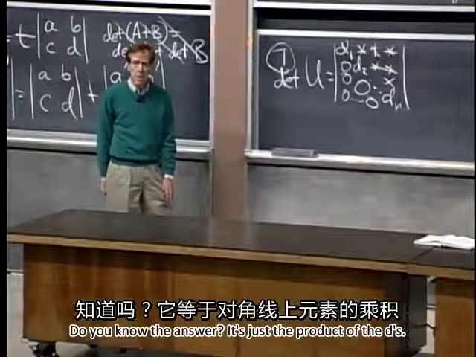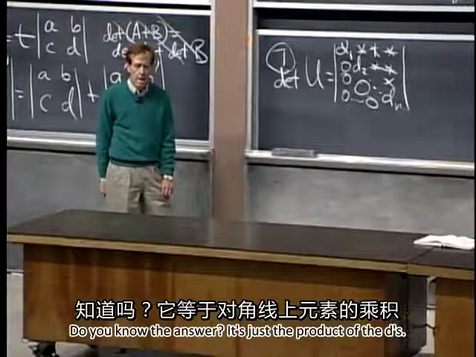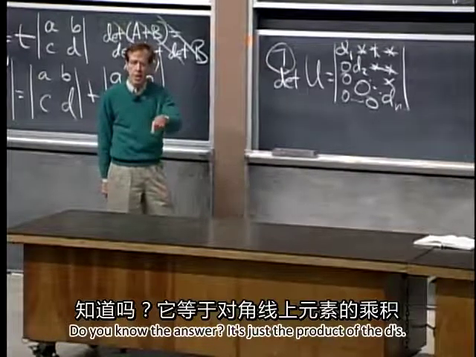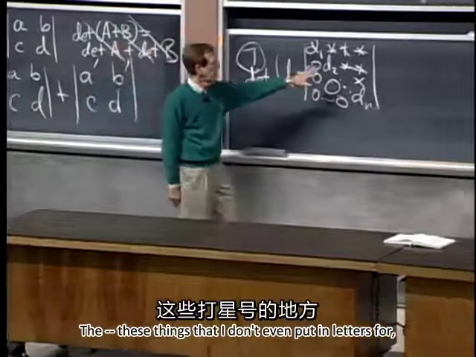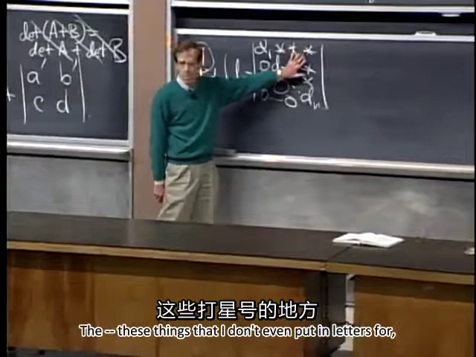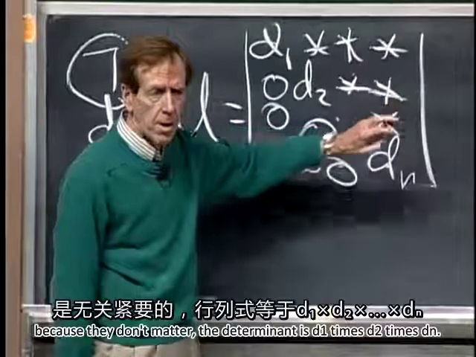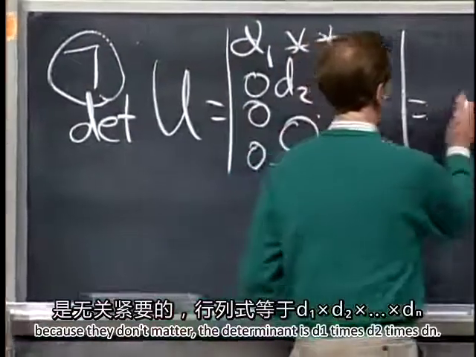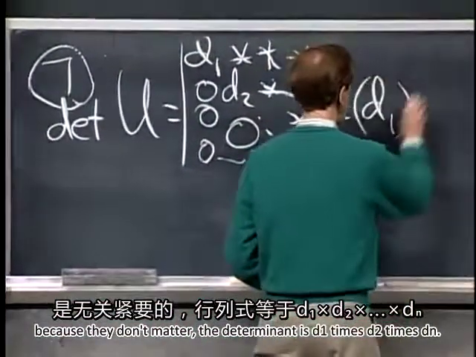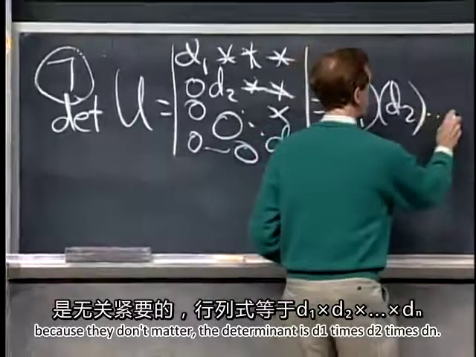Do you know the answer? It's just the product of the d's. These things that I don't even put in letters for, because they don't matter. The determinant is d1 times d2 times dn.